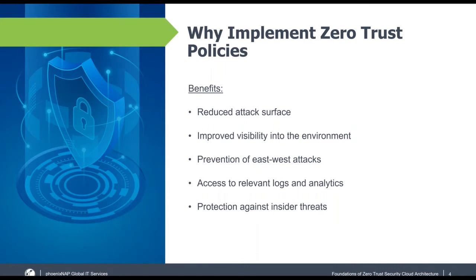You put these tools in place to take the heavy burden off of policy creation, but then you get all this other stuff. You get network intelligence that you've never had before, that you've never even dreamed you could know, right? What is talking to what and how, in every little minute detail, is available in tool sets like that. There's a lot of cool logging and analytics that come with that.